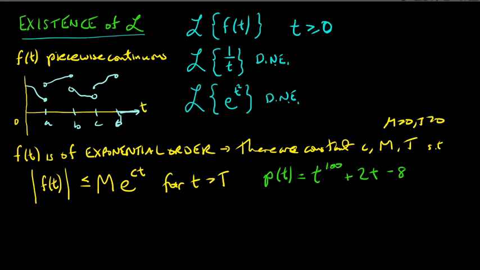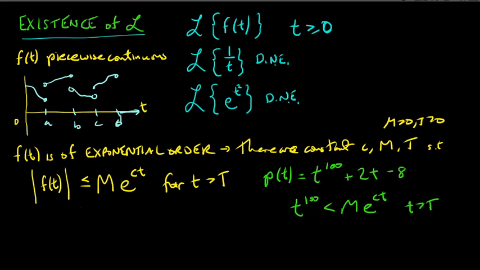And yes, this grows very quickly, but you can always find a c here and an M so that the t to the 100 will be less than some exponential function, once you get past a certain number, so t might be bigger than 20 or some capital T. In the meantime, when you're less than capital T, sure, f might be bigger than this, but eventually it can only grow exponentially.